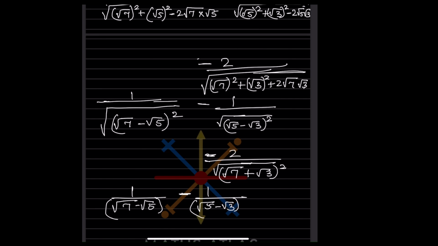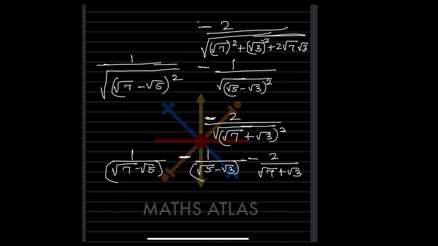And in the third one, what remains is minus 2 divided by the single root, not the other one, root of 7 plus root of 3. Hope this is clear. Again I will repeat: this is the main root, and again here there is a square, so the root sign goes and only the numbers that are in the root remain.